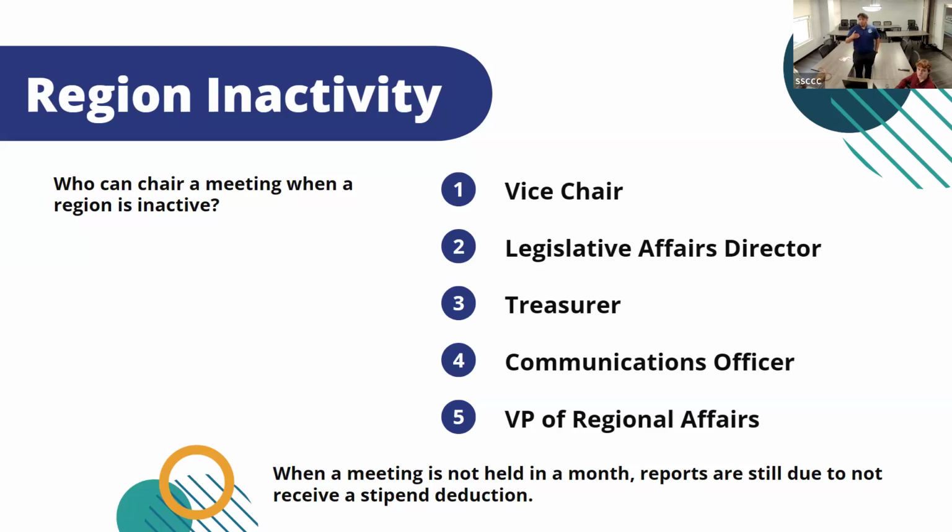So every month, if your region is inactive, we're going to go through and define what inactive is, but it's more along the lines of you're not meeting that month. There's been a vacancy. Sometimes our RADs take off out of the country for a month, or different things like that. If we have some sort of inactivity, there's a line of succession.